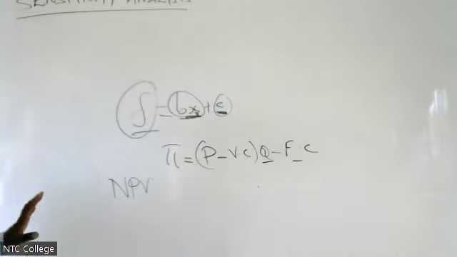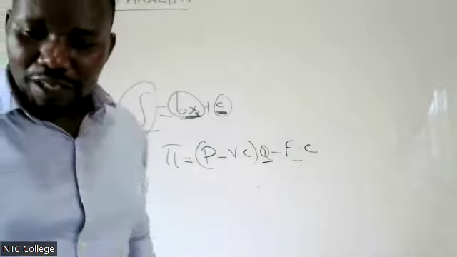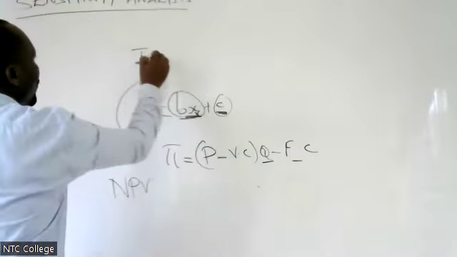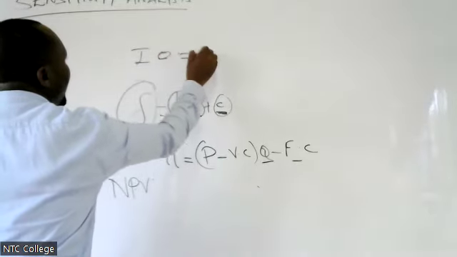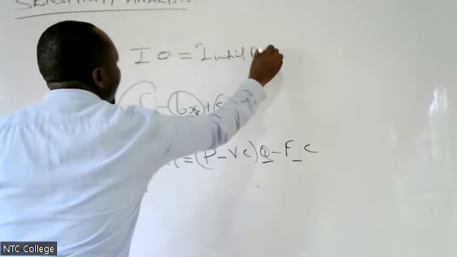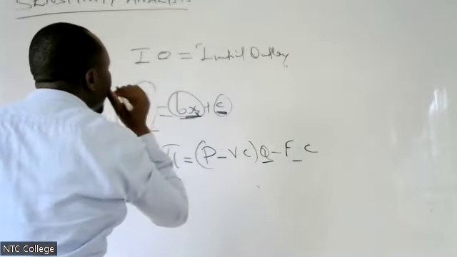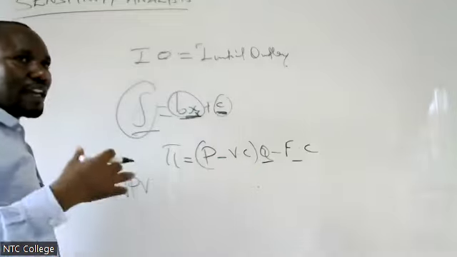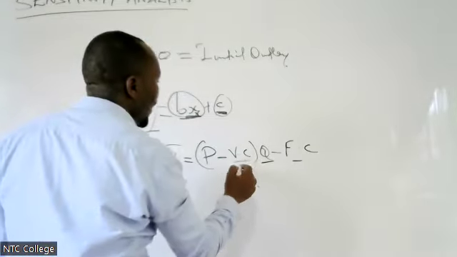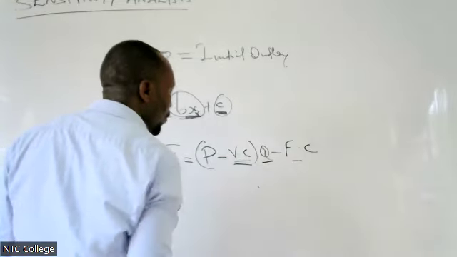Then, normally, when you invest in a project, there is something that we call IO. IO is the initial outlay, and the initial outlay is the cost of investment, the cost of buying the machine. Then after buying the machine, there is the normal cost like the running or operational cost.